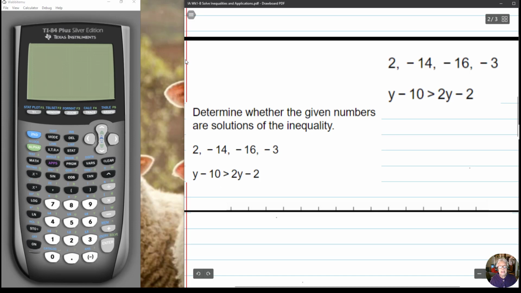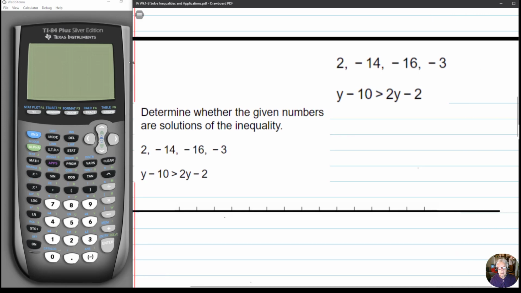Well, a much easier way to do this is to solve the inequality first. Remember, when you're solving inequalities, you always bring the variables over to the left side. If it's an equation, not necessary, but for an inequality, it is.